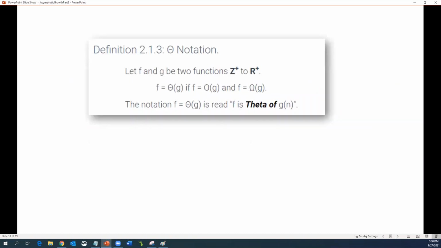Okay, so now, again, we've talked about upper bounds and we've talked about lower bounds. But again, those aren't really helpful in and of themselves.